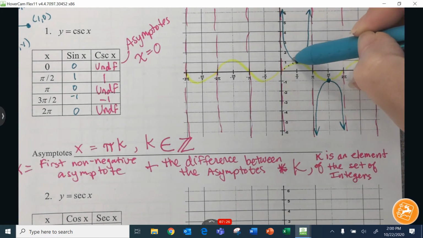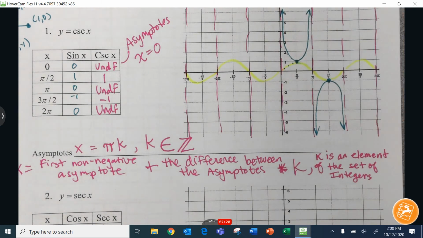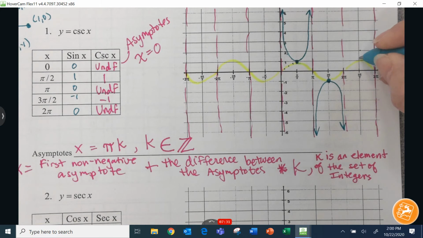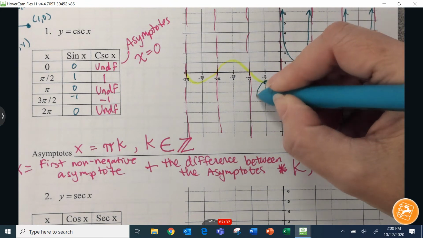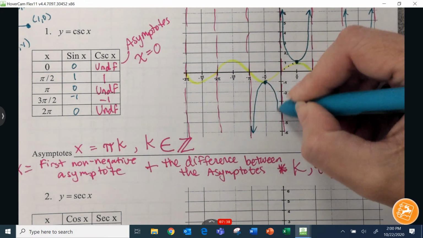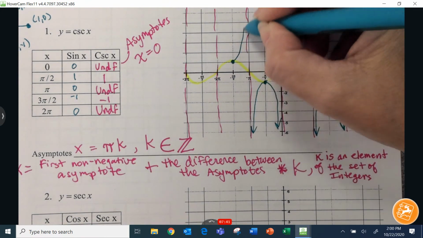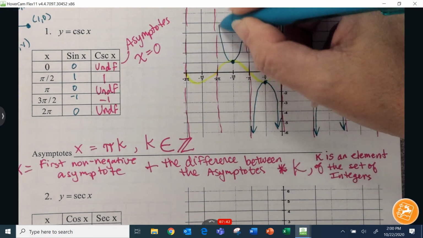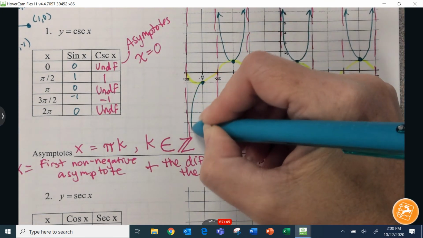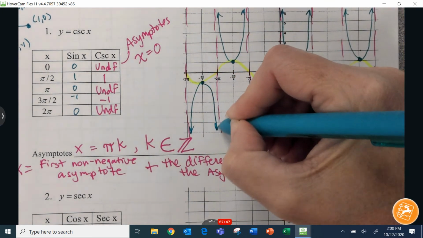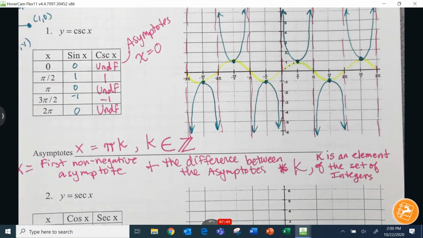So that's what's happening on the other side. It's getting bigger and bigger and bigger. And then we just continue that pattern. And that's what cosecant looks like, parent function of cosecant.